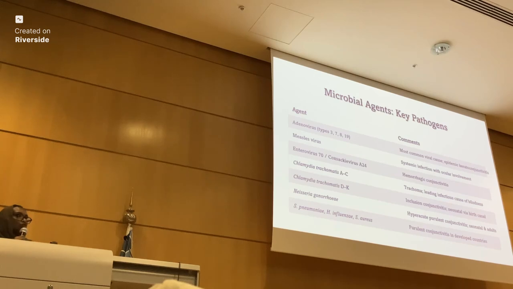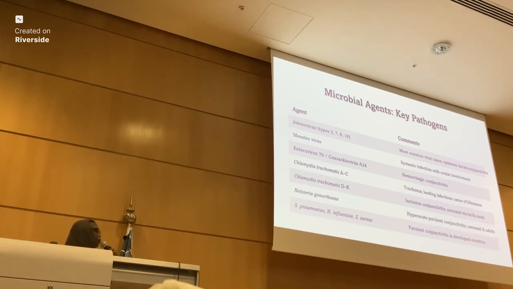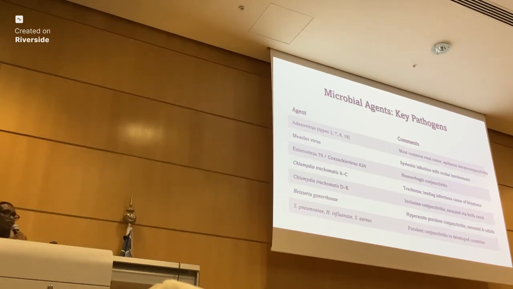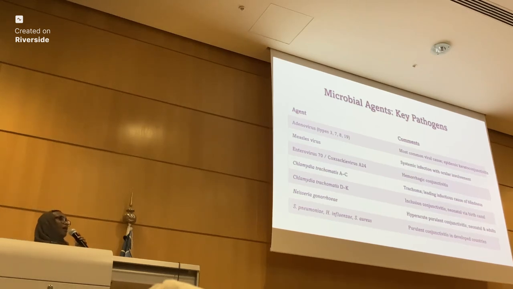When you have measles, which is a systemic infection, you have ocular involvement. Enterovirus 70 and Coxsackie virus A24 are also viruses that could cause something called hemorrhagic conjunctivitis. This is a feature where the eye gives you an indicator of bleeding. When you look at a person suffering from this, you start to see a reddish bleeding around the eye. It's kind of scary.